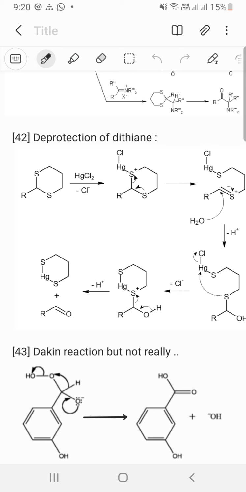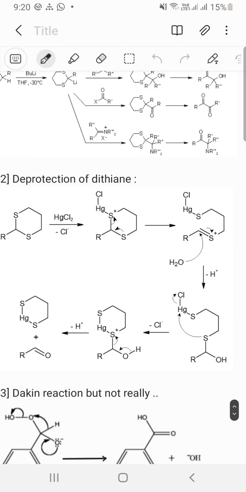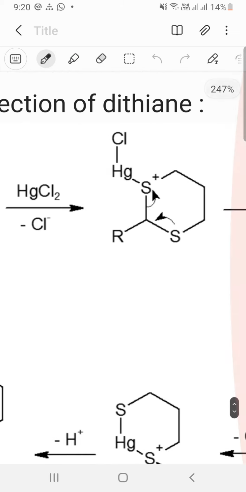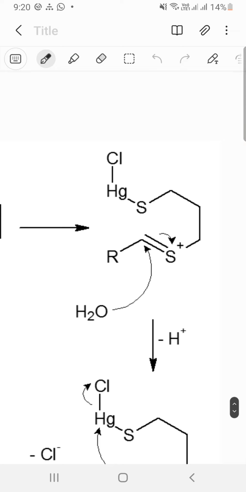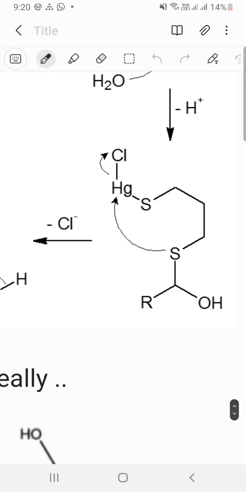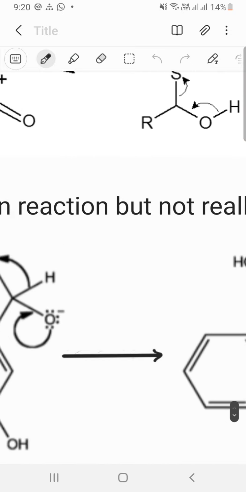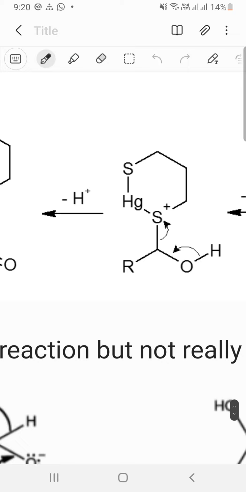So HgCl2, that's the longest mechanism. So essentially what happened is that you just used it as, say, H plus, so it is attached to sulfur, then this sulfur kicks that, forming this guy, and then you get hydrolysis doing this guy. Once again hydrolysis.